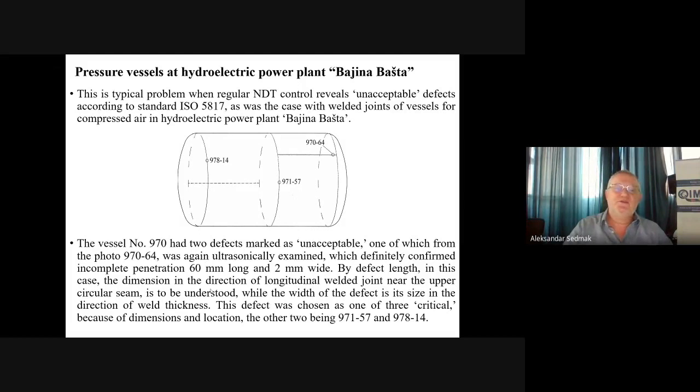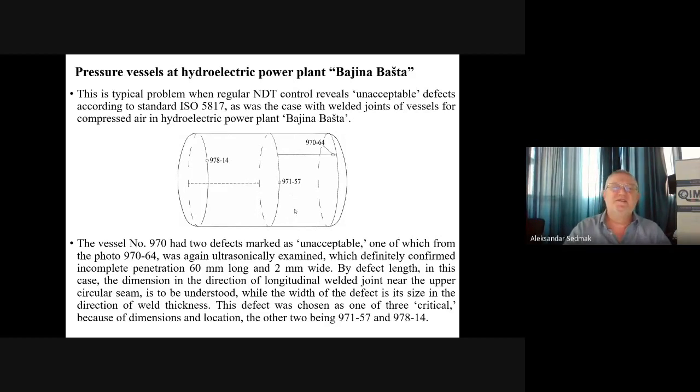So we used fracture mechanics parameters and some engineering reasoning to assess the structural integrity of 3 out of 8 pressure vessels. 3 defects were taken as the most important, and all of them are presented in one vessel because it would be kind of stupid to make a sketch of 3 vessels when they are all the same.